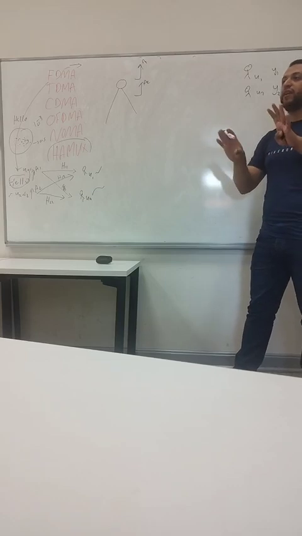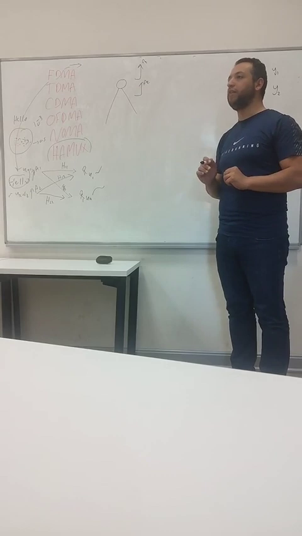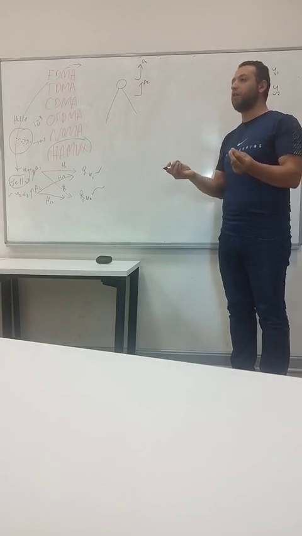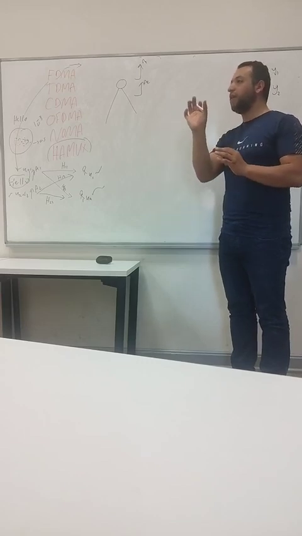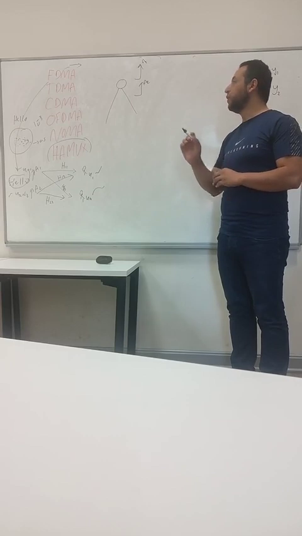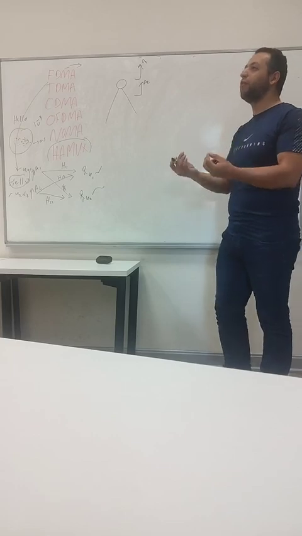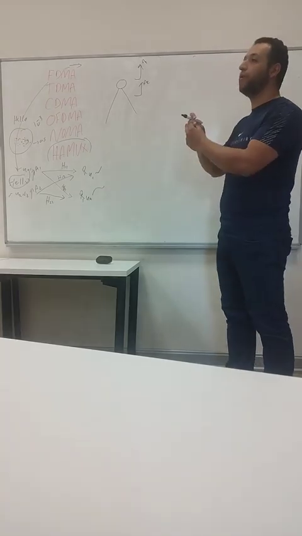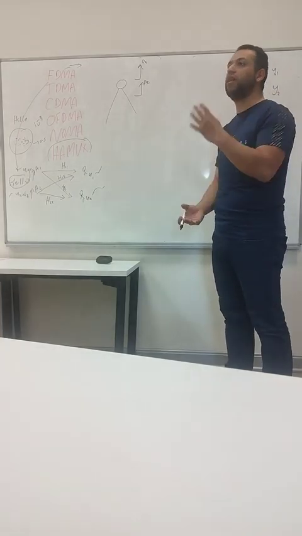OFDMA is a multiplexing technique that distributes resources to users based on their needs, and the resources here are time and overlapping subcarrier frequencies. But here we are using OFDM as a waveform so that we can do all our processing, whether at the transmitter or at the receiver, in the frequency domain, not in the time domain.